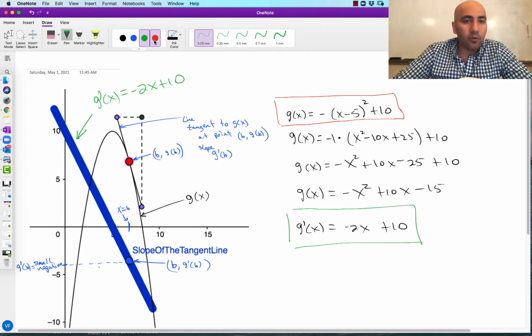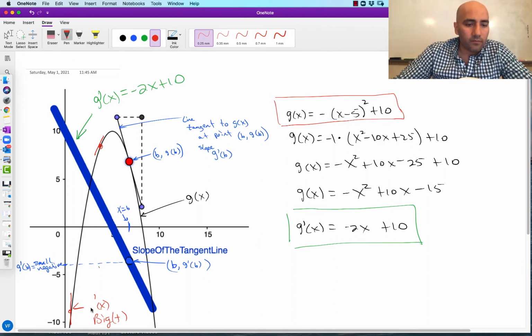So at this point, we'll have a tangent line here that represents g prime of x equals a big positive slope. And then as we keep going over here somewhere, this will have the g prime, I'm sorry, g, I keep going back to f.